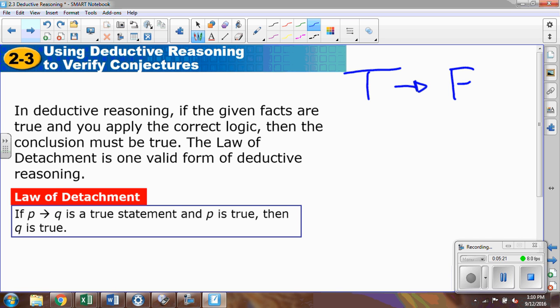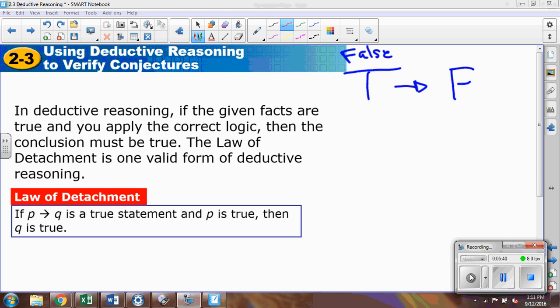True implies true equals overall true. False implies anything is overall true. This is the only way for something to go false. And so we are going to take advantage of this structure. We're going to know it.